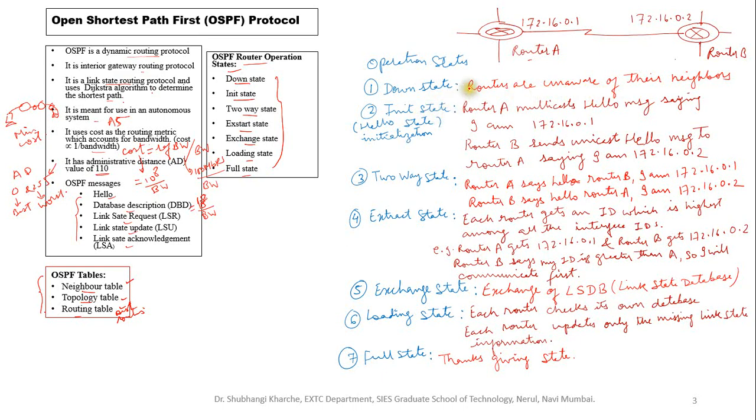In init state, router A sends a multicast hello message saying that I am 172.16.0.1.